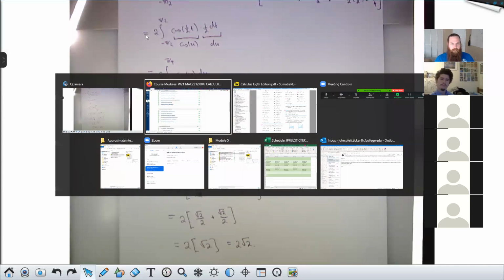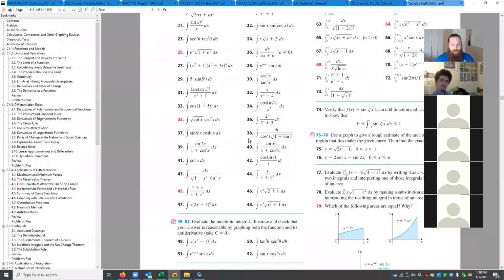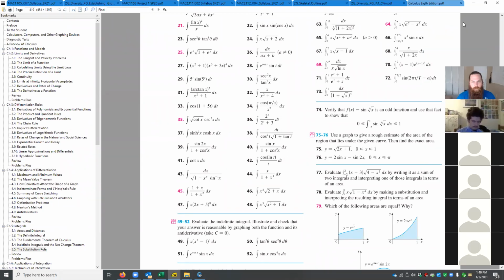Okay, we've got about 5 more minutes. I'm going to do one more definite integral like this, and let's make it something of a slightly different flavor. I think I have something along these lines in your homework.